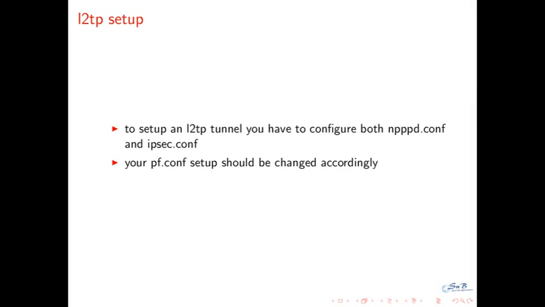For the IKEv2 setup, you have to set it up with the previous definition, so you point to the database of users. Then you have to configure ipsec.conf, because it relies on the standard IPsec stuff. And obviously you have to change PF to filter the right ports.